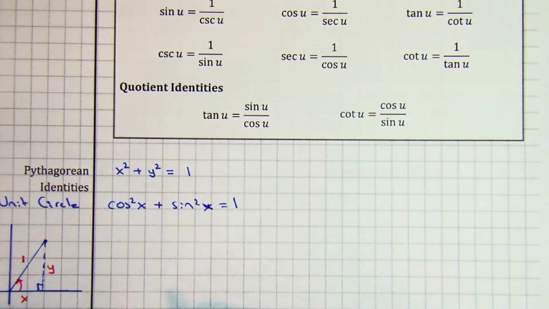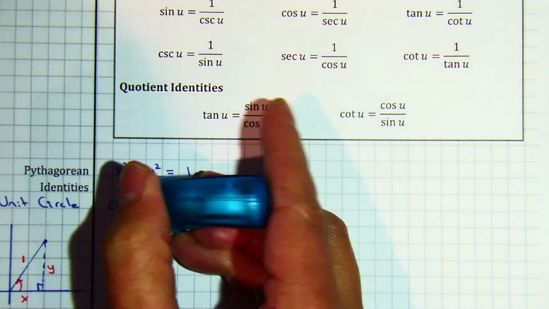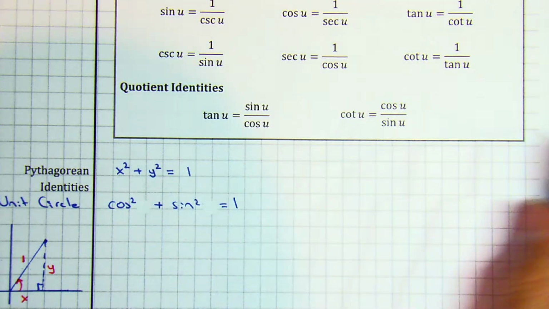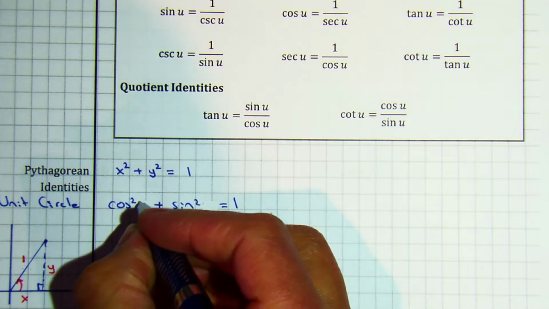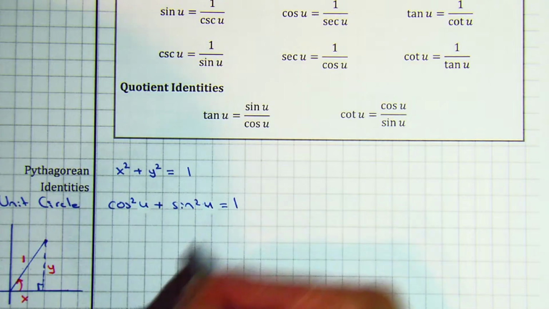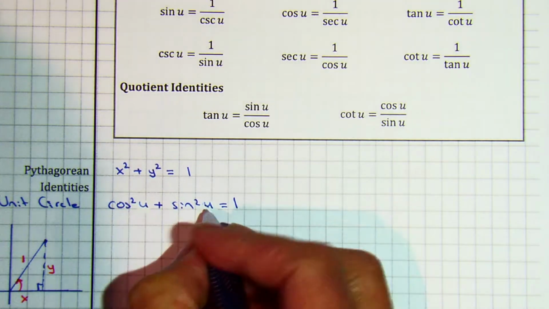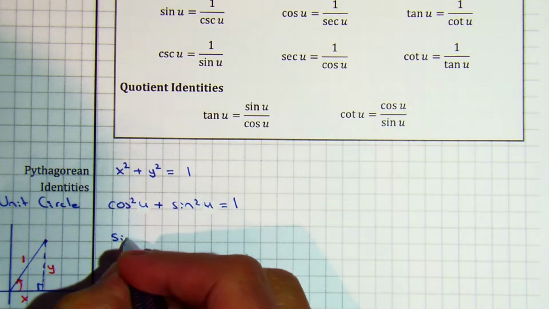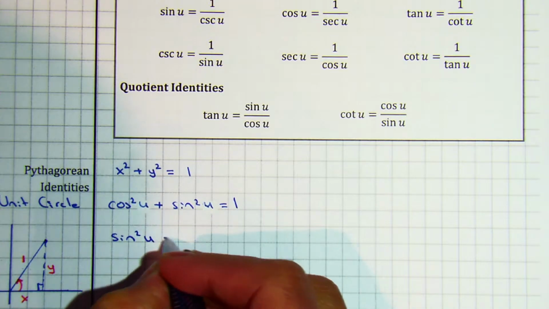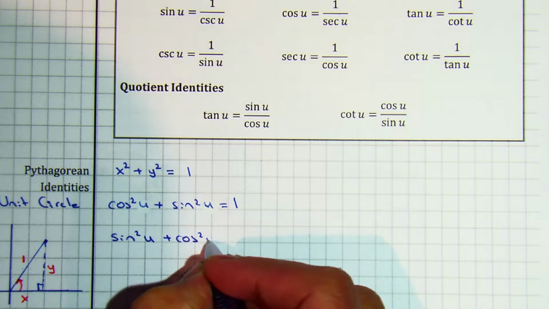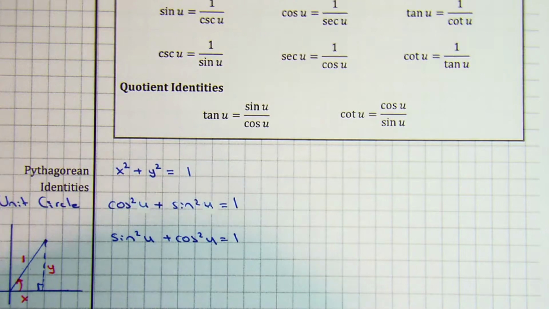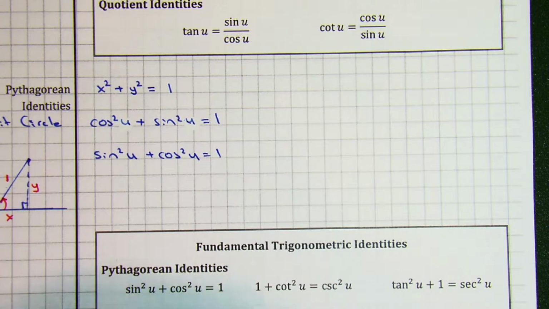Or we can use u. Or we can use theta. In this case, they are using u, so let me go back and change it to a u, just to be consistent. Or theta is fine. And I'm going to rewrite the sine first, plus the cosine square of u equals 1. And that's how we get our first Pythagorean identity.